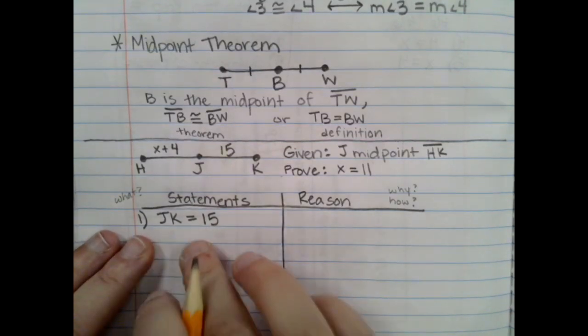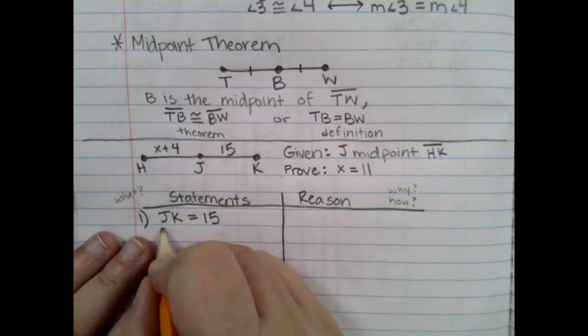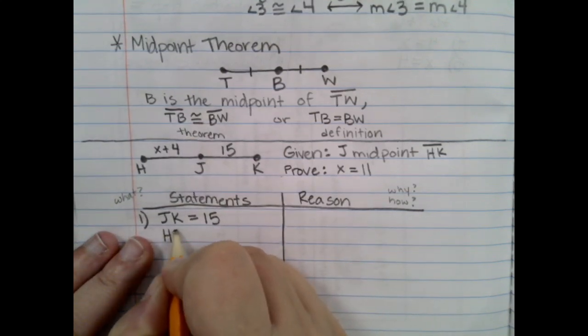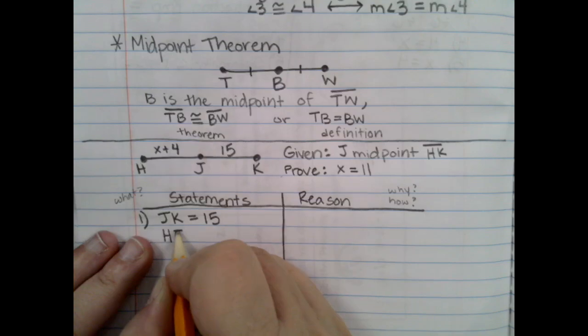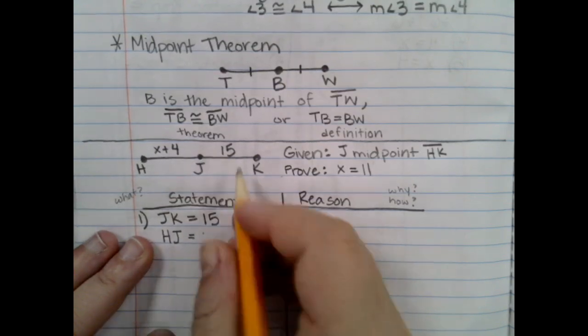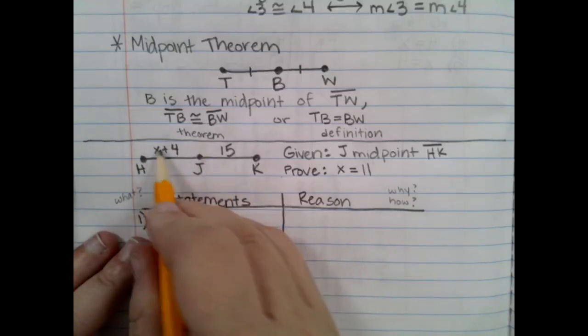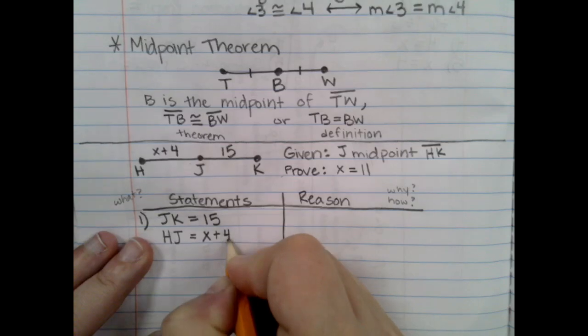What else are we given? Yep, HJ is x plus 4.